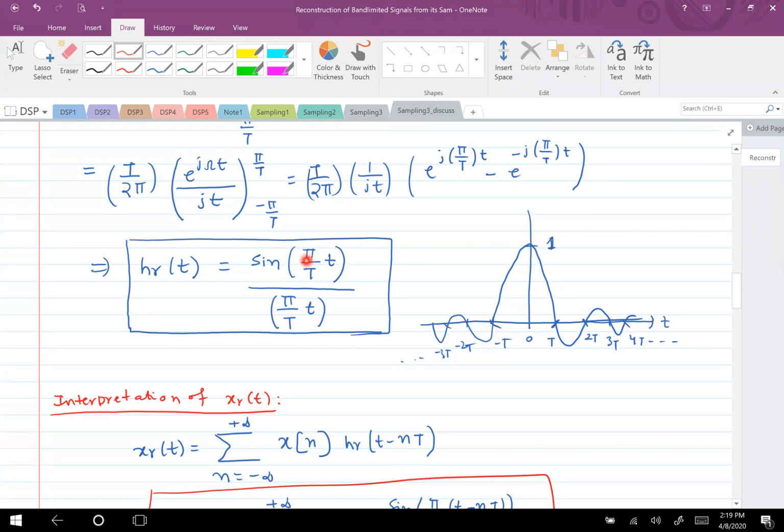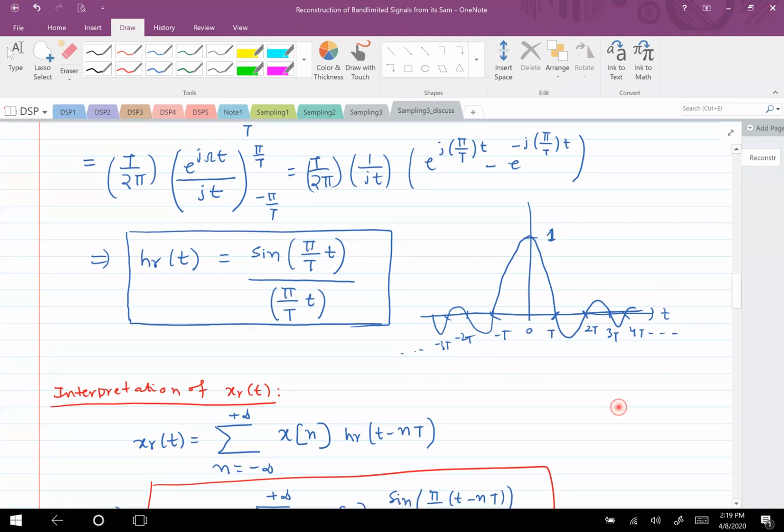That is where this value would be 0. So this sinc like function would become 0 at T, 2T, 3T, 4T and so on, and on the negative side minus T, minus 2T, minus 3T and so on. And anyway, while you are increasing t, this function's denominator would increase, so its magnitude would start coming down, start decaying.